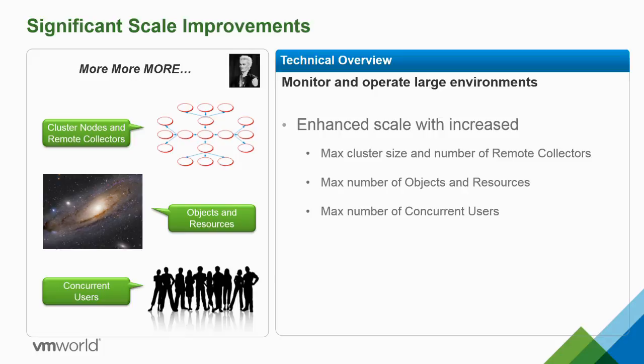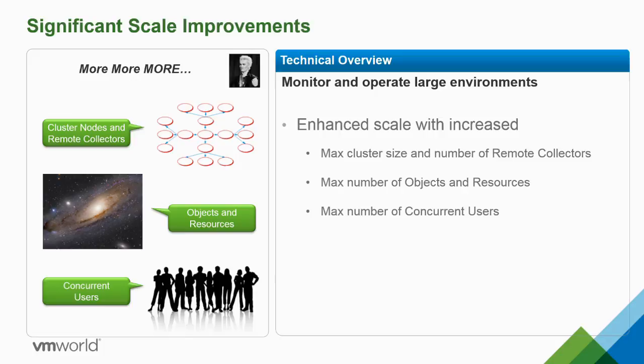Now, you want more details around all these numbers? The documentation has it, but the best place to go is kb.vmware.com because we actually have an article. For every version of Operations Manager we've released, we have a KB article where we summarize all the details for you, and we have a spreadsheet which is a calculator.